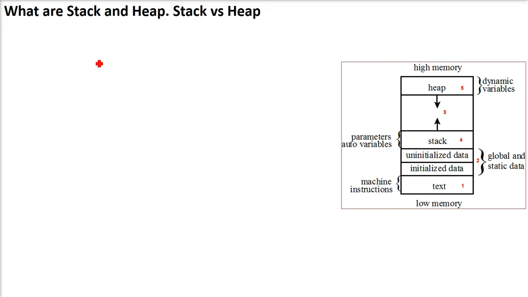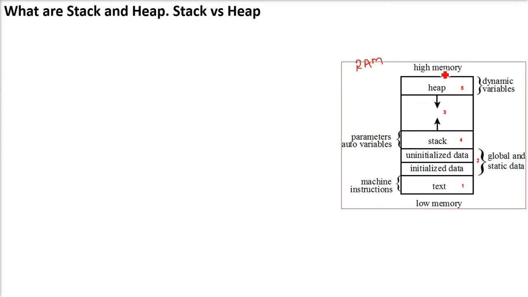What are stack and heap? Stack versus heap. In any programming language, whenever you are making a program, you declare various variables, and you need to know where they are going to be kept in your memory.